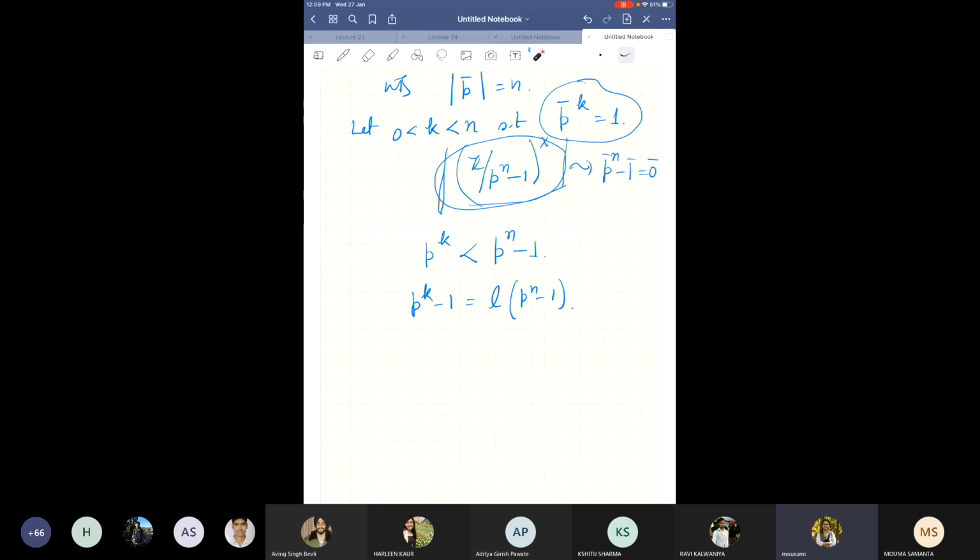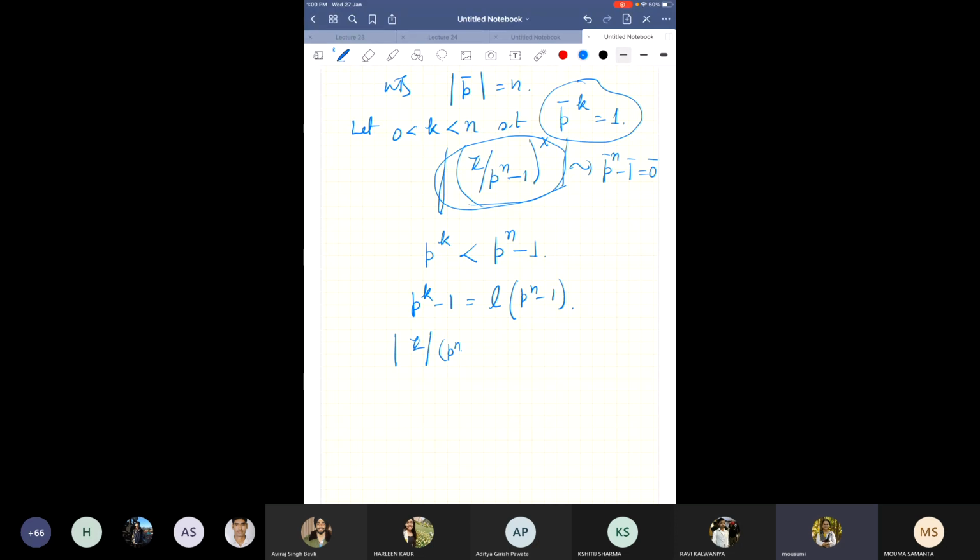So that's why n is the smallest possibility. Therefore, the order of p bar is equal to n. Fine. And the order of this entire group is phi of p power n minus 1. Exactly. So n divides that.